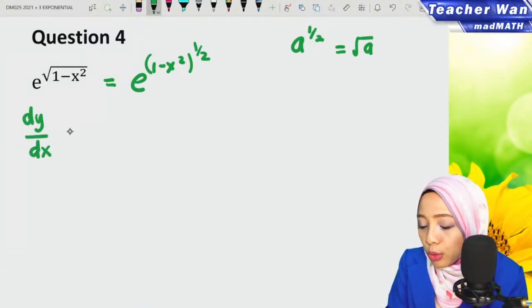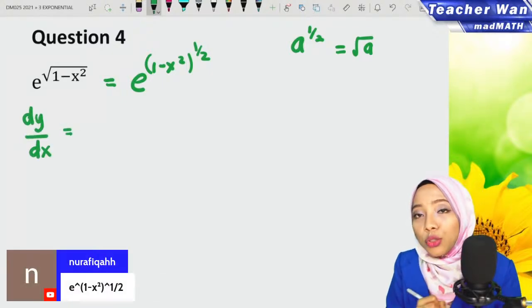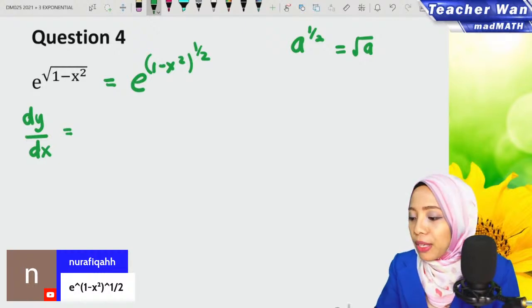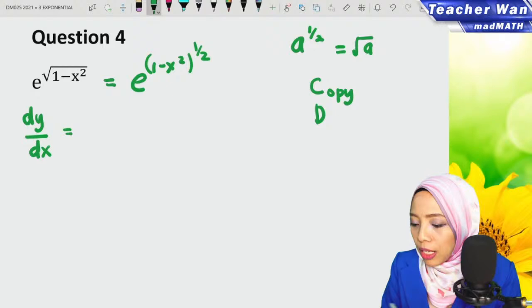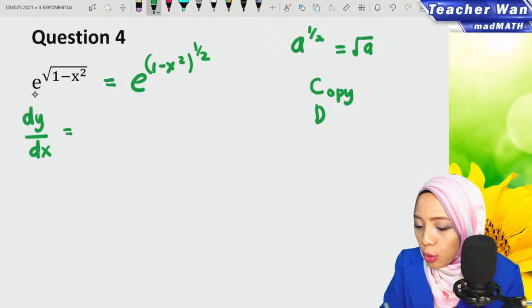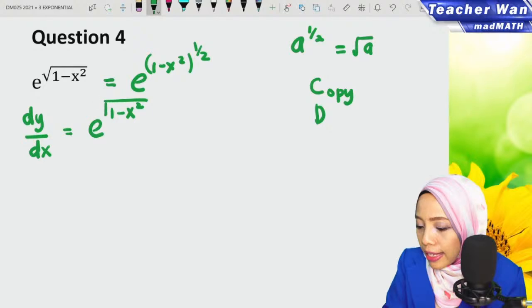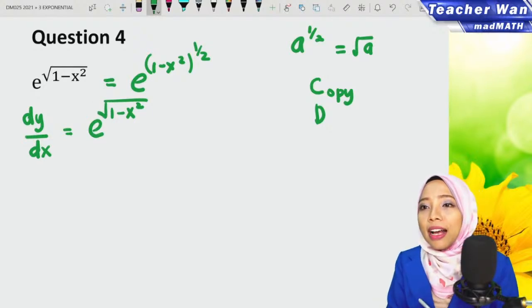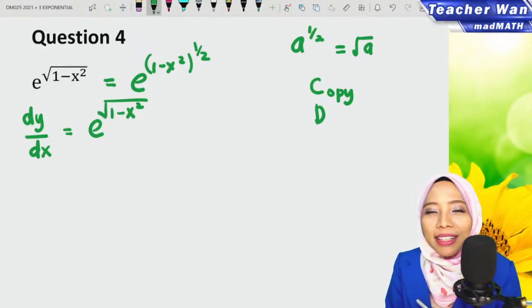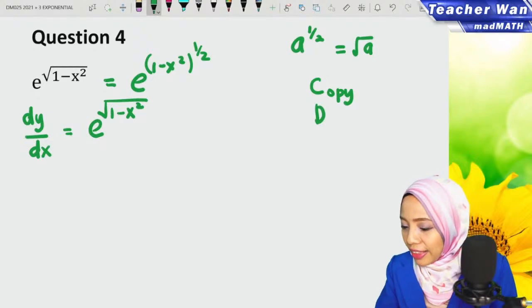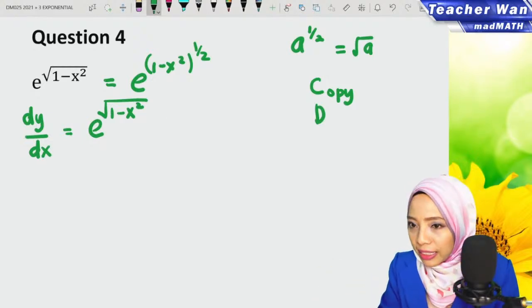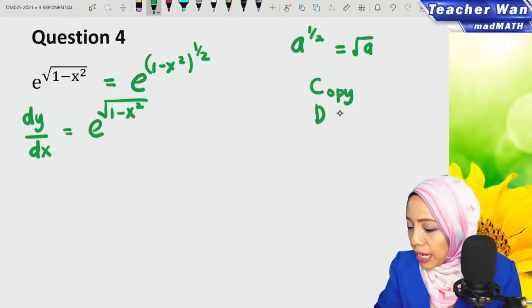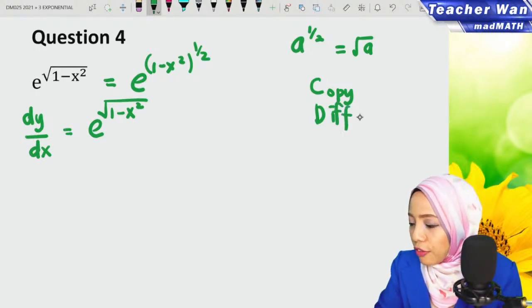Okay, are you ready to differentiate the exponential function? Remember, CD, copy. So now I am going to copy the whole thing, e to the power of square root of 1 minus x square. I copy and then multiply with the differentiation of the function.